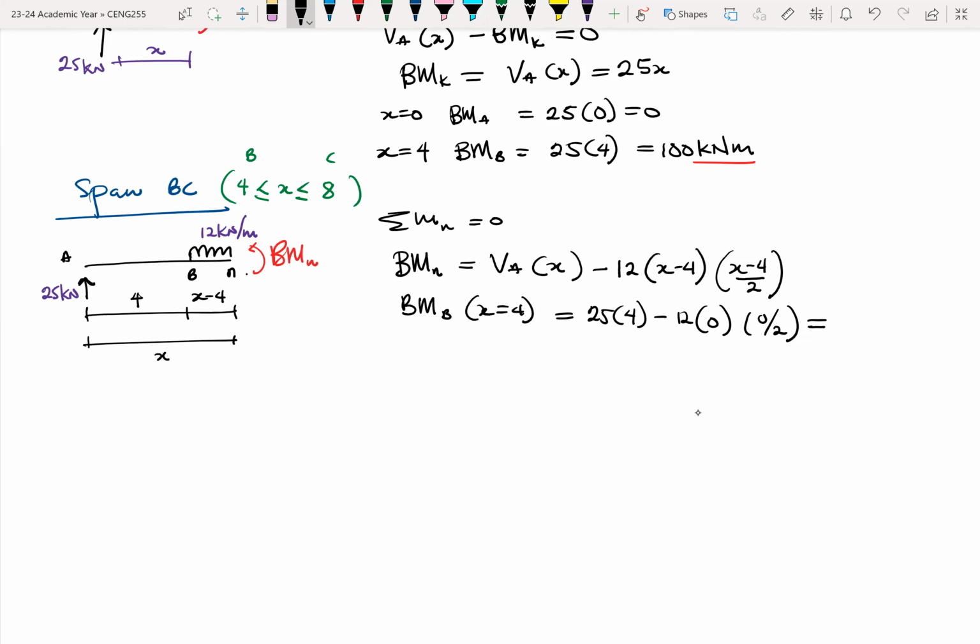So that should give us 100 kilonewton meter. So these two should be the same, which makes sense. And the bending moment at C, where X is equal to 8, will be equal to 25 times 8 minus 12 into bracket 8 minus 4 times 8 minus 4 over 2.